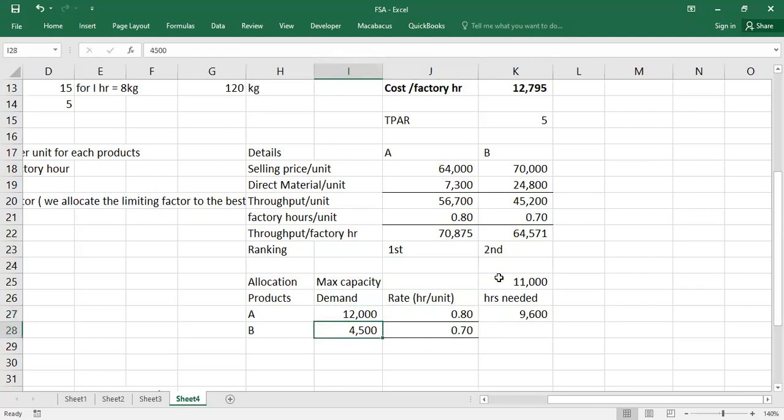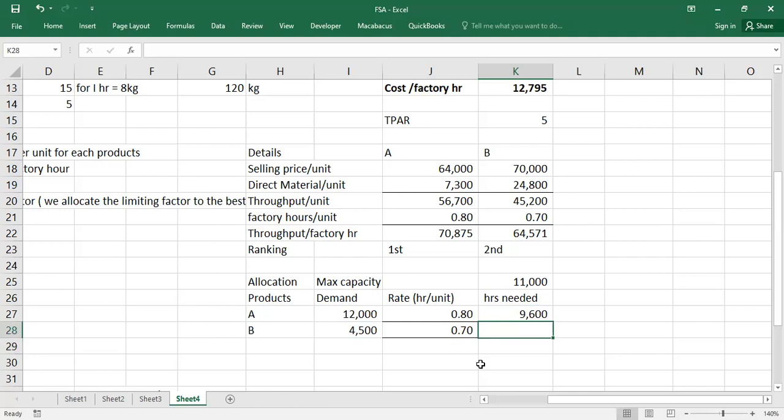But now for B, if it's produced 4,500, you will need 3,150. When you add these together, they exceed the capacity of 11,000. They exceed the capacity of 11,000. So that means that we can't produce the entire 4,500 therefore. So in this step, we normally work backwards.